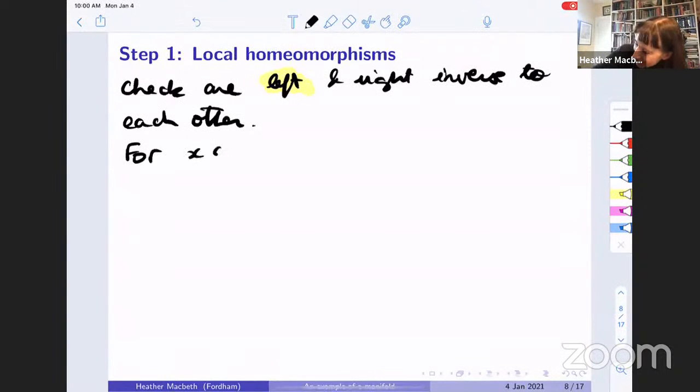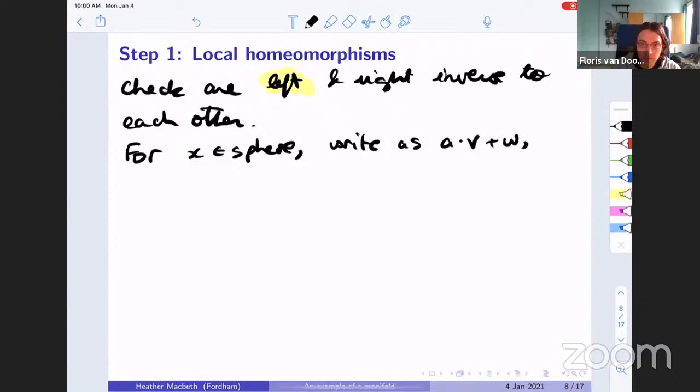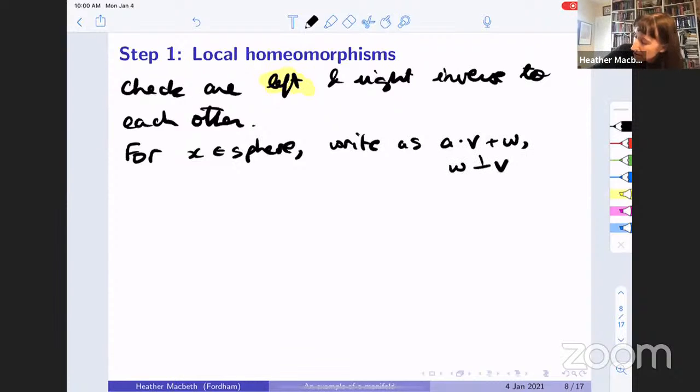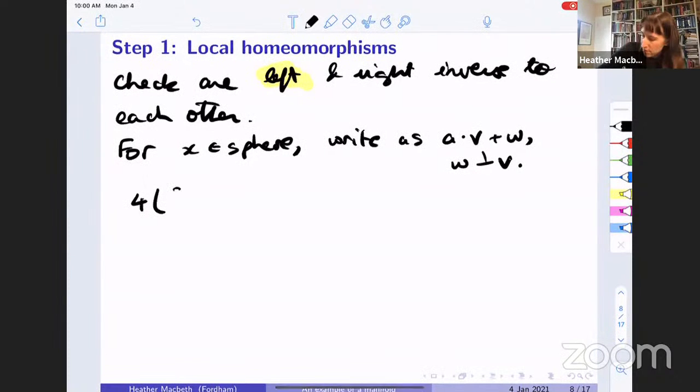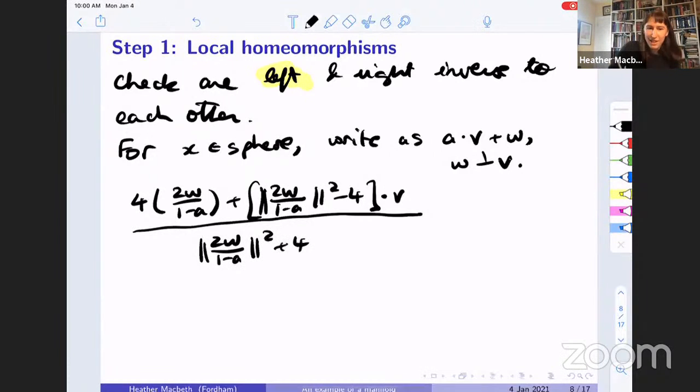So for x in the sphere, I'm going to split it as a scalar times v plus w, with w in the orthogonal complement. And then I need to check that 4 times 2w over 1 minus a, plus the norm squared of 2w over 1 minus a, minus 4, times v, all over the norm squared of 2w over 1 minus a, plus 4.